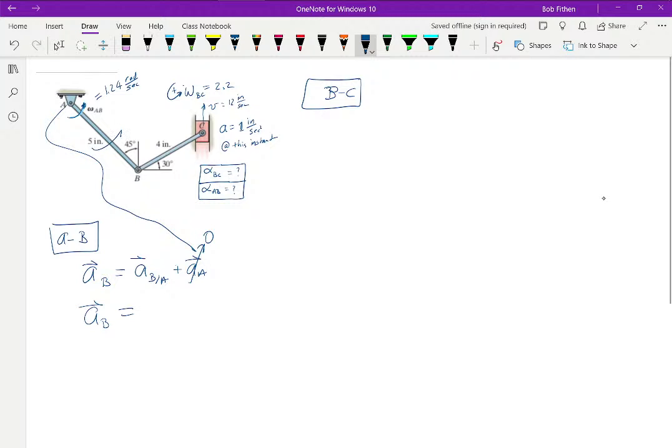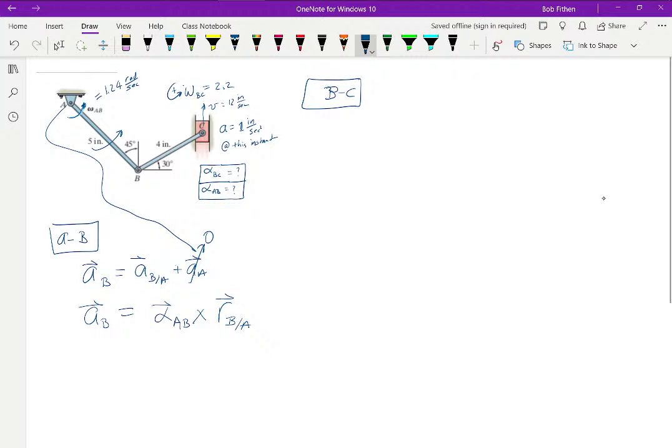If the arm is speeding up, in other words, it has a certain speed, but later it has a faster speed, then you will have alpha cross R, R of B relative to A. But that's not all.